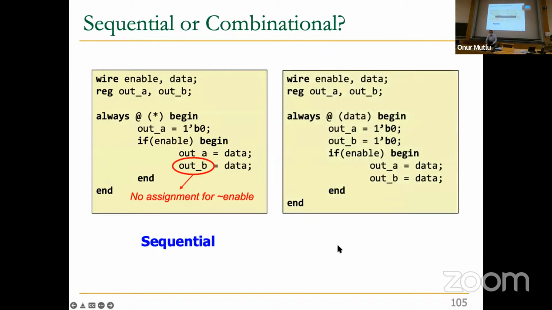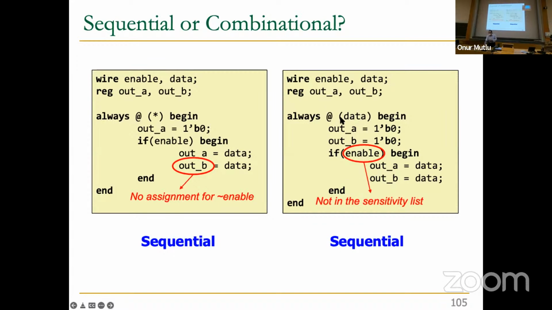The second one, is this combinational or sequential? Any takers? Yes. Exactly, yes. This is sequential because this doesn't get executed when enable changes, right?